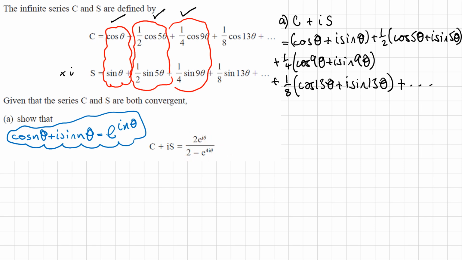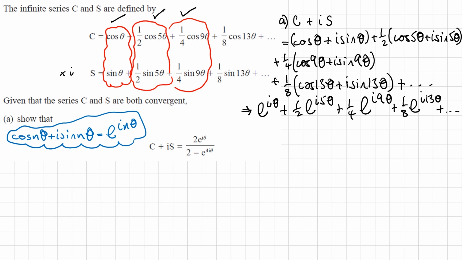So the first pair just becomes e to the i theta, n is 1. Then the next term is a half e to the 5i theta. I'll put the i first, then the number afterwards. The next pair, a quarter e to the 9i theta, and then 1/8 e to the 13i theta, and so on.